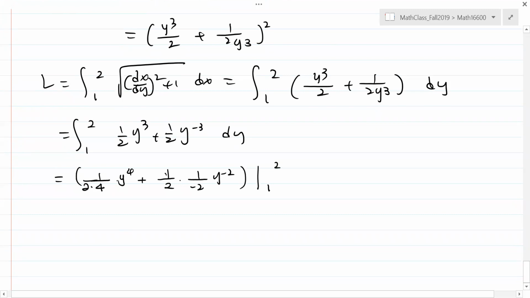Okay. So for simplicity, I can put that in, right? It's going to be 1/8 times 2 to the 4th power, minus 1/8, minus 1/4 times 2 to the negative 2, minus 1.